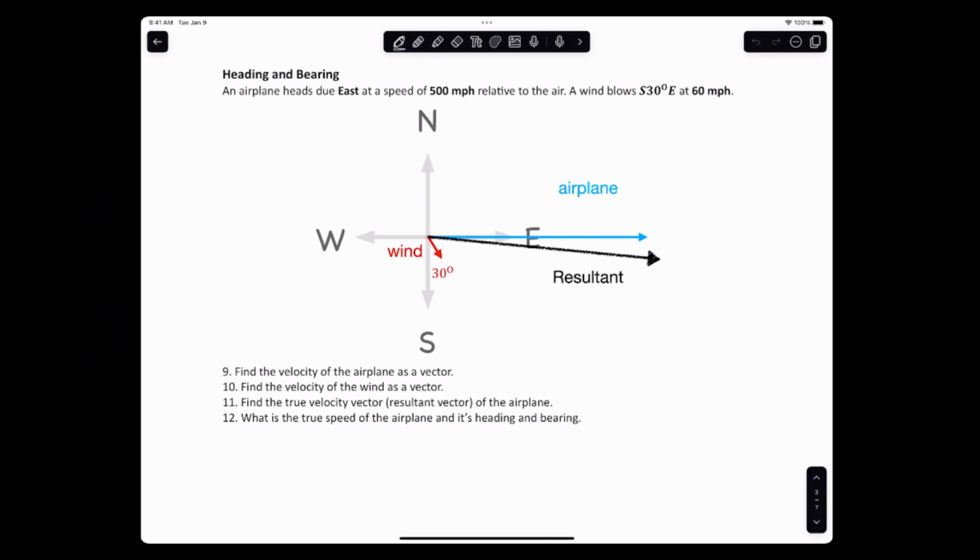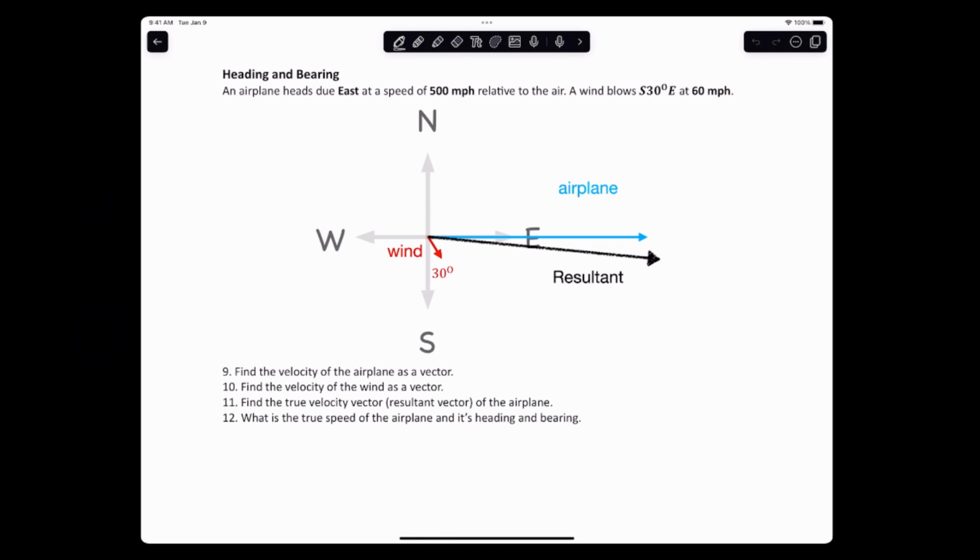Heading and bearing question, okay? So this is what we were working on last time, heading and bearing. What did we do, right? It says an airplane heads due east at a speed of 500 miles per hour relative to the air.